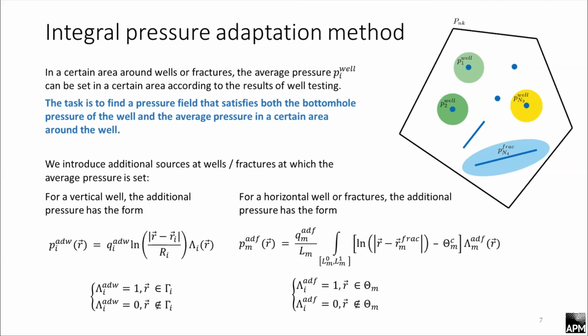So the task is to find a pressure field which will not only satisfy bottom hole pressure at the well and the boundary condition on the contour of the reservoir, but also this average pressure, which we know from real data.